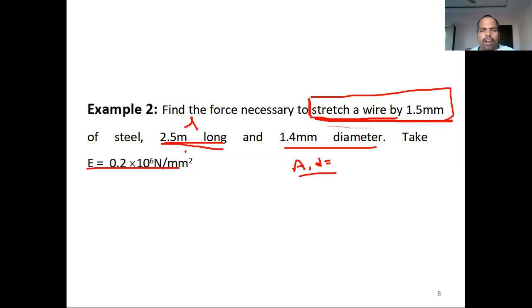Again, a very simple basic formula: delta L is equal to PL by A, right? So what is the delta L in this case?